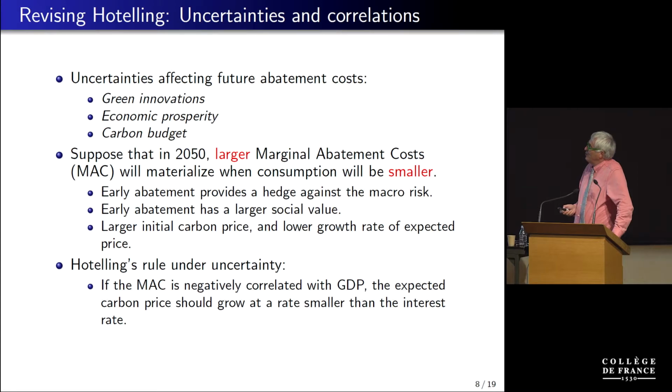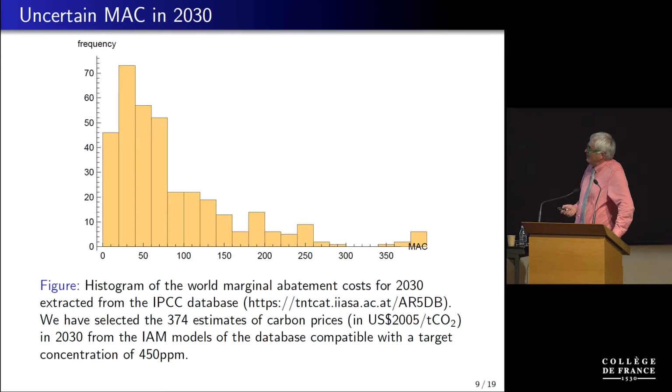And here is an illustration of that. So I go back to the database of the IPCC fifth report, and here I took again the 374 estimates of carbon price for the year 2030 that is associated to this objective of long-term concentration of CO2 that I believe is the 2 degrees Celsius target.